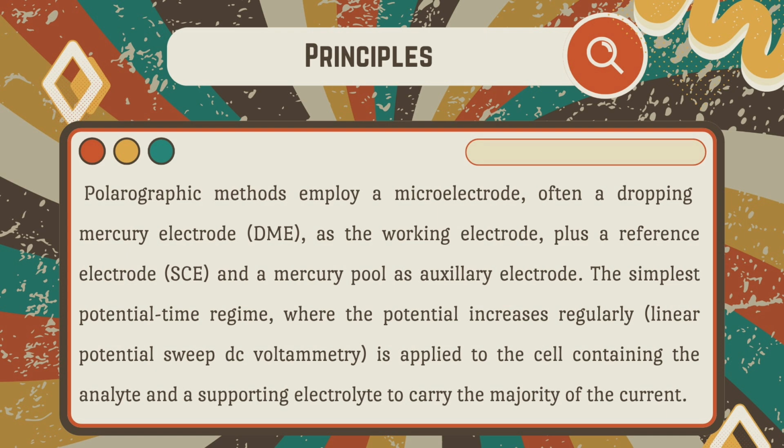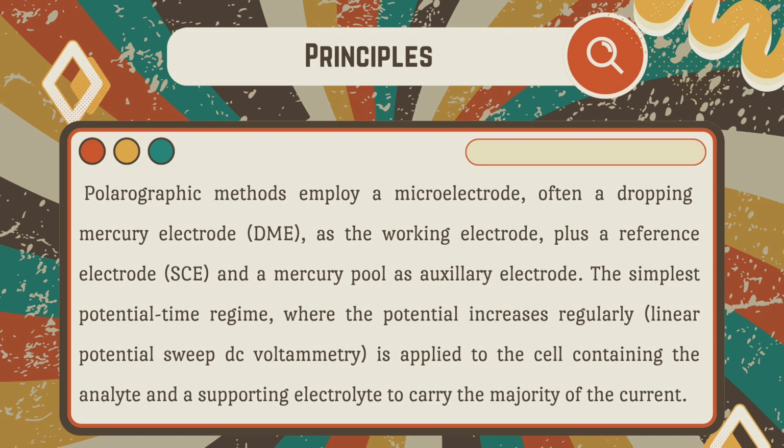In this method, the transport of ions to the electrode depends on three factors: diffusion, convection or stirring, and conduction. The effects of conduction of the ion that reacts at the electrode is minimized by using a concentration of supporting electrolyte, such as KCl, about 50 times higher than that of the analyte. Stirring and convection are minimized.